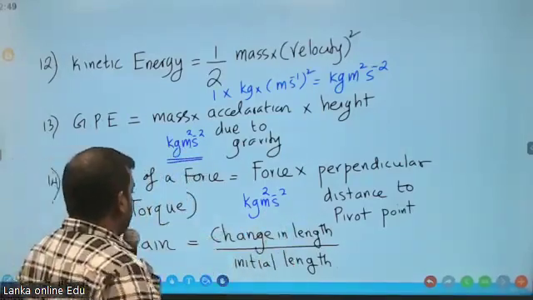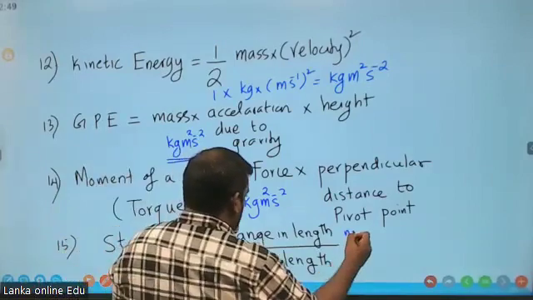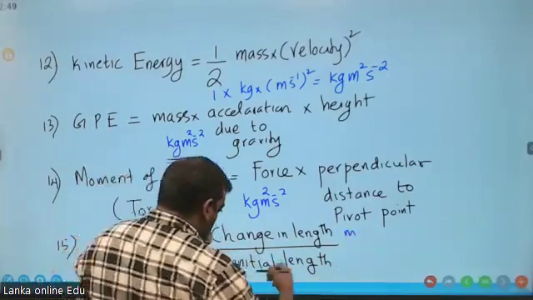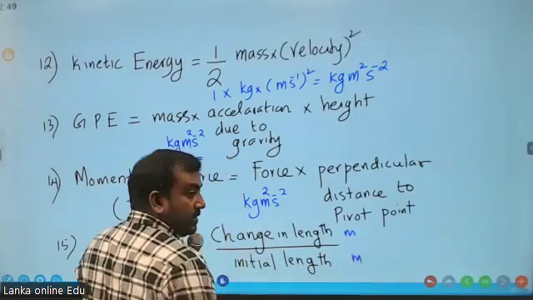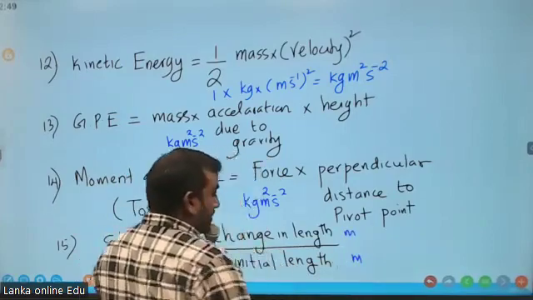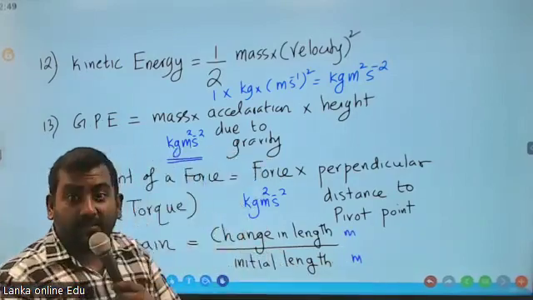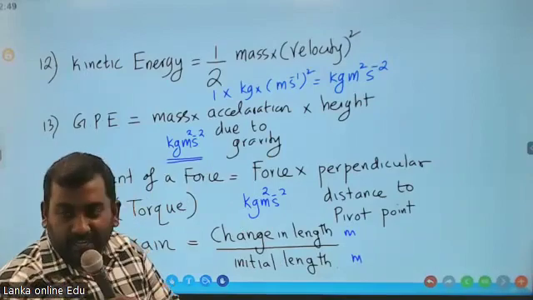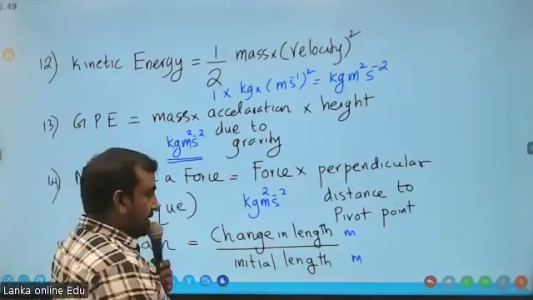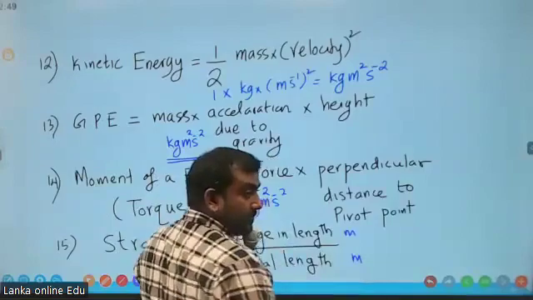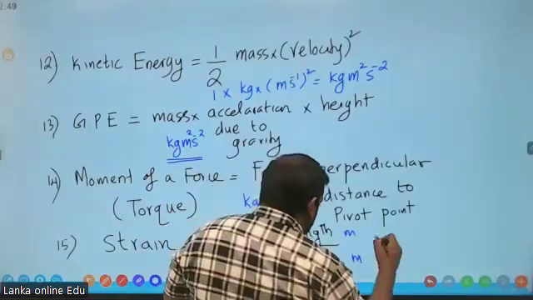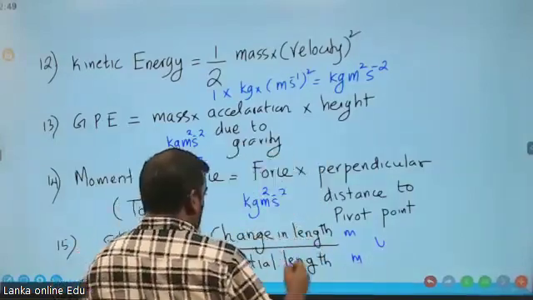Change in length. Change in length is measured in meter. Initial length is measured in meter. Meter, meter cancel off. Unit plus 1. So you call it what? Unitless. So this is what? A unitless quantity. Understood? Unitless quantity. So there is no unit. We'll show it as 1.